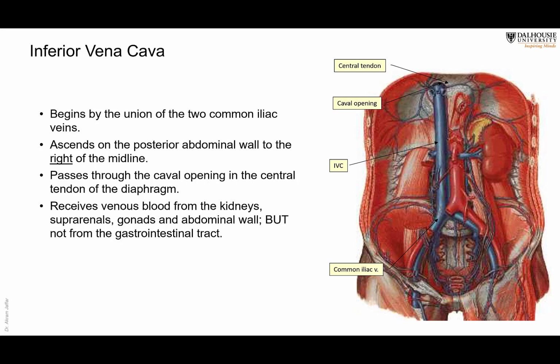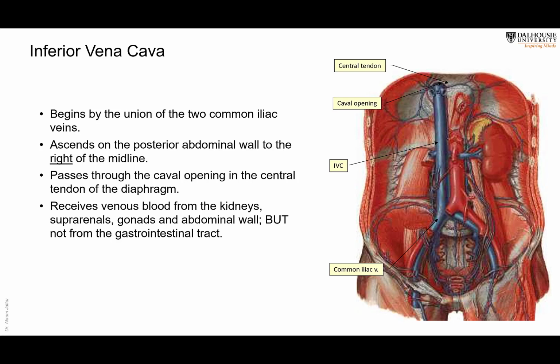So the ovaries are present in the pelvis. The testis is present in the scrotum outside the body, yet their venous blood, as well as their arterial blood, comes from the abdomen. Because embryologically speaking, the gonads develop in the abdomen and then they descend down.